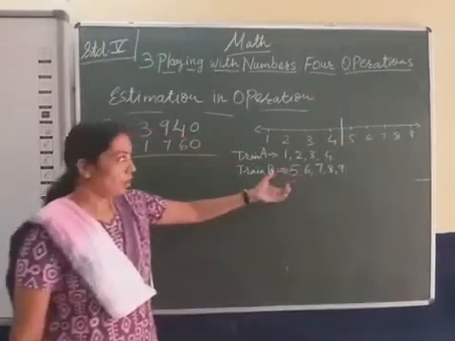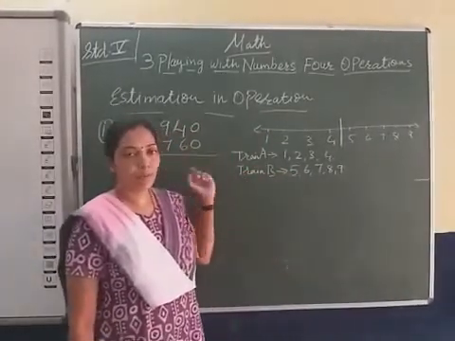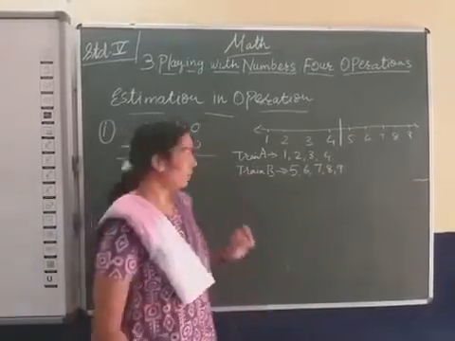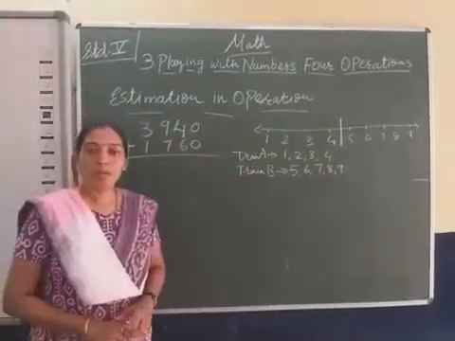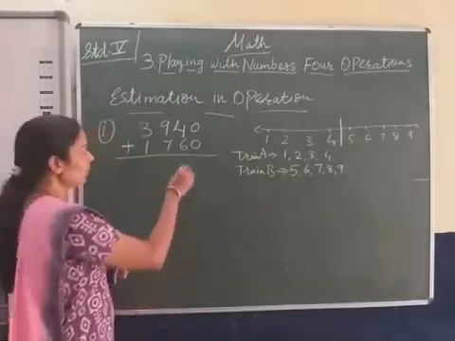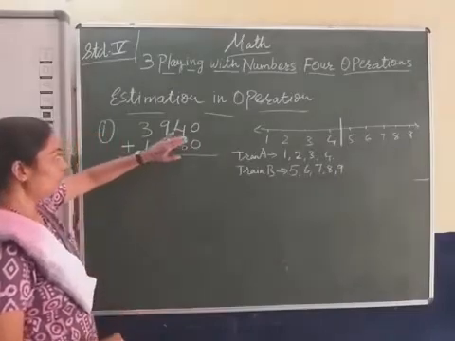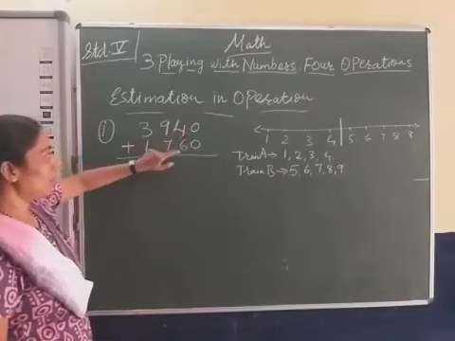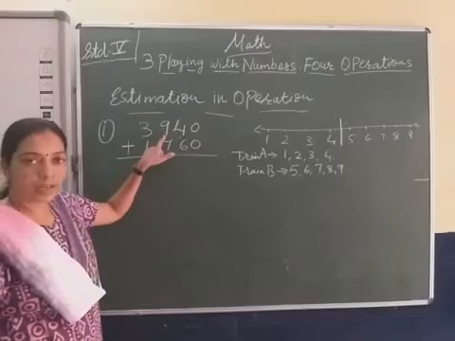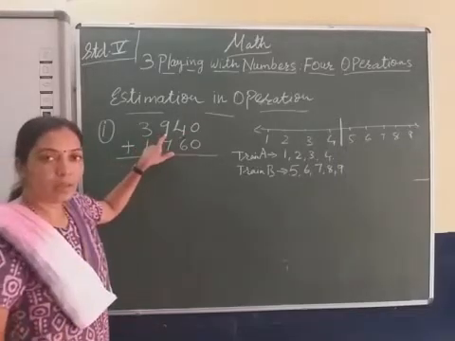Now this digit will help us to round up this number. For example, if we have to round this number to the tens, the tens digit is here, 4. Or if I say in this example rounded by 100, it is here 9. So we have to see the next place value.